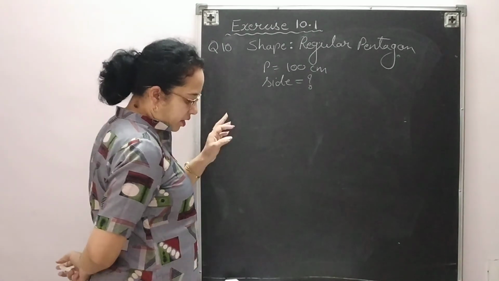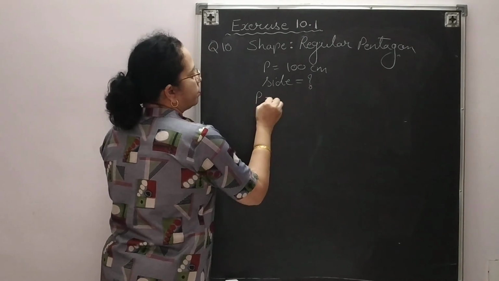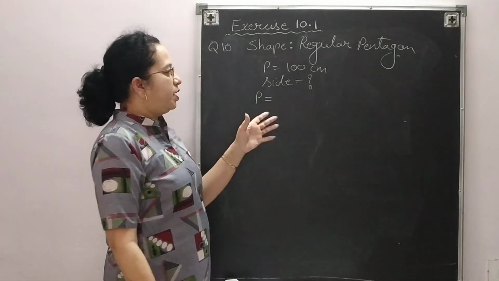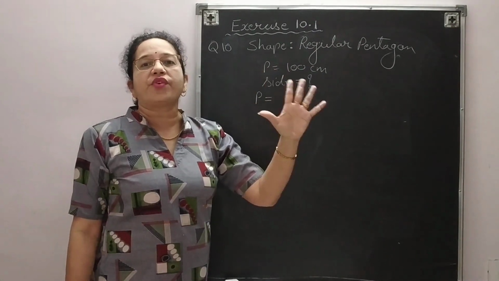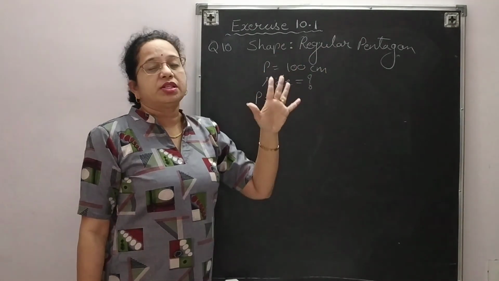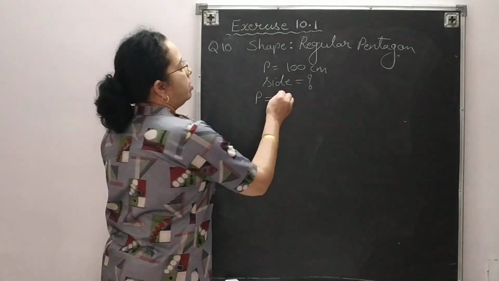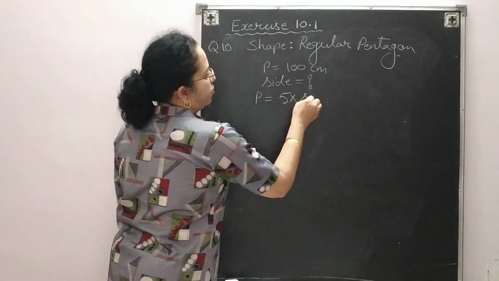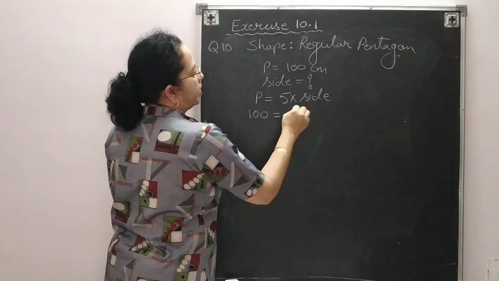So again we will start with the perimeter of a regular pentagon. What is the formula? Perimeter means sum of all the sides. Pentagon means 5, sum of 5 sides. Regular means 5 equal sides. So instead of adding 5 times, we will multiply by 5. 5 into side. Substitute the values. Perimeter is given 100.